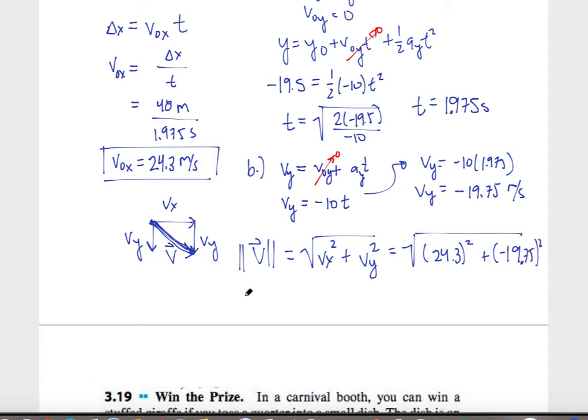All of that square rooted. And so my speed, which is the magnitude of my velocity vector, is going to be, with a little calculator magic here, 31.3 approximately meters per second.